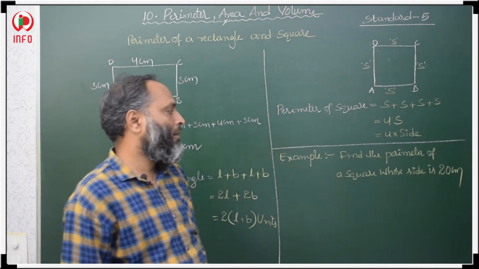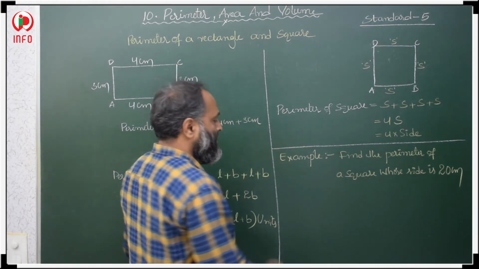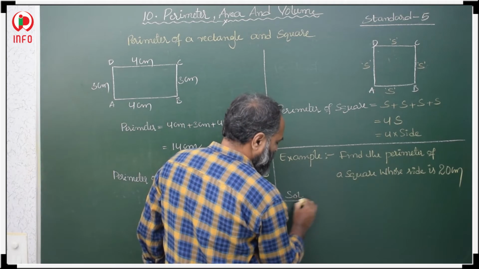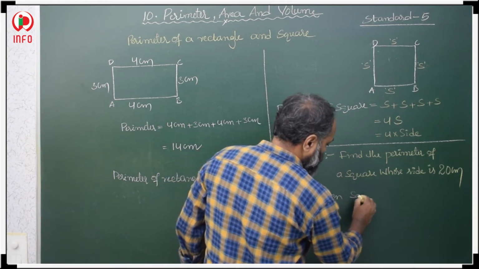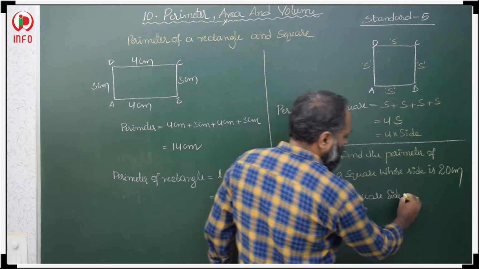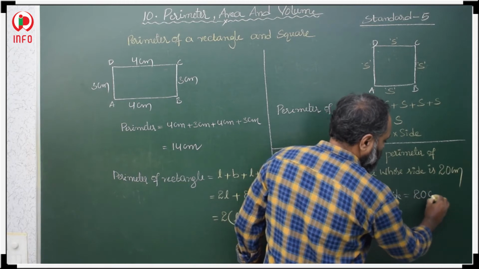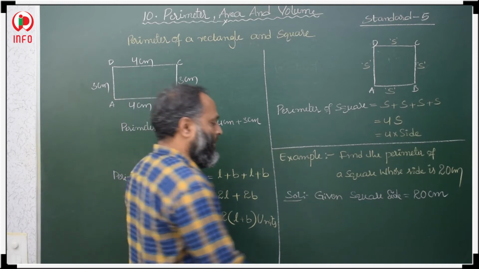Here in the example, find the perimeter of a square whose side is given. What is given here? Square side is equal to 20 centimeters. If square side is given, then what is the perimeter?